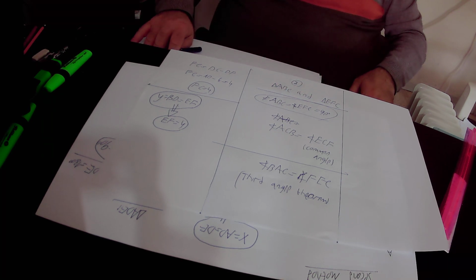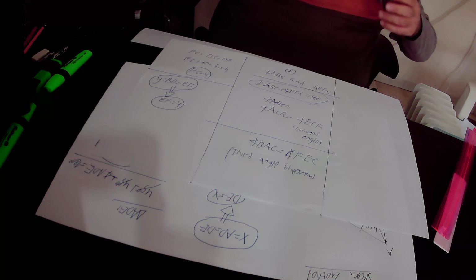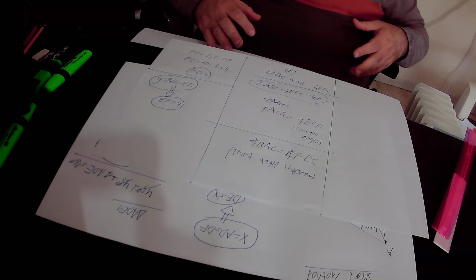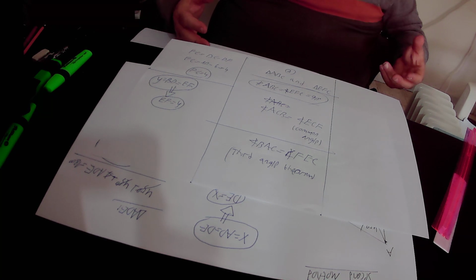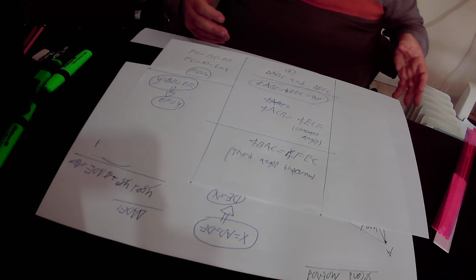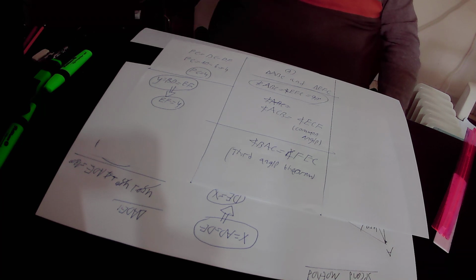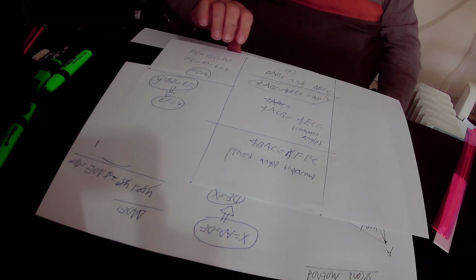So what is the third angle theorem? The third angle theorem says that if you prove two angles in one triangle congruent to two angles in another triangle, then the remaining pair of angles must also be congruent, because the angles of a triangle sum to 180 degrees.